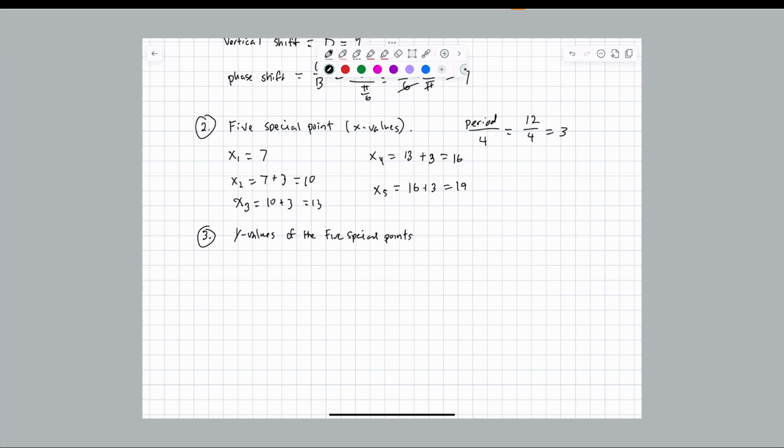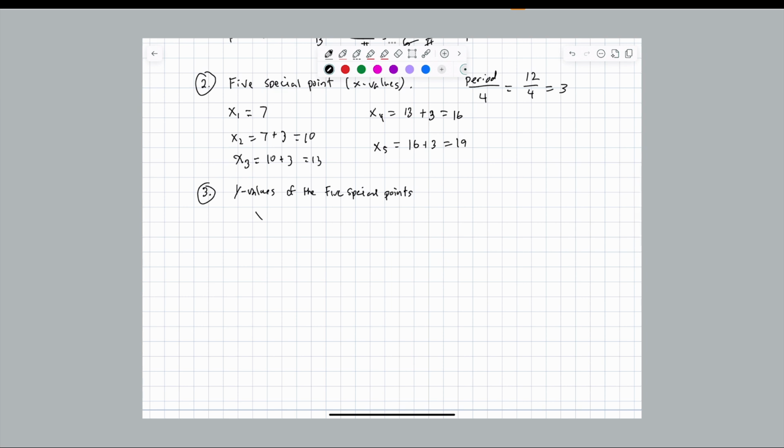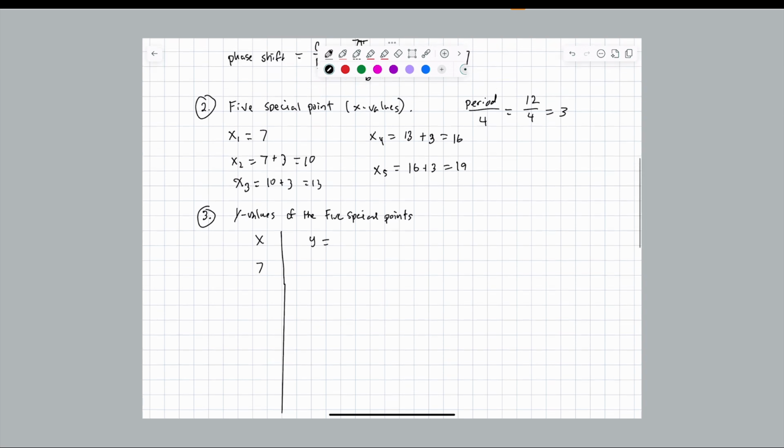Okay, and so we'll just create a table of values. So x, we know we'll have 7 as the first one. And then of course, what is the y value for that? Well, we just throw it into our function, which is 4 cosine of pi over 6 x minus 7 pi over 6 plus 9.